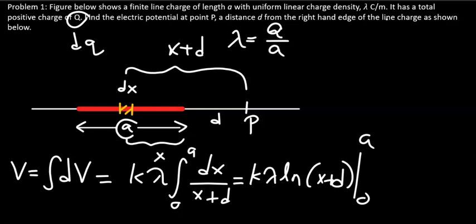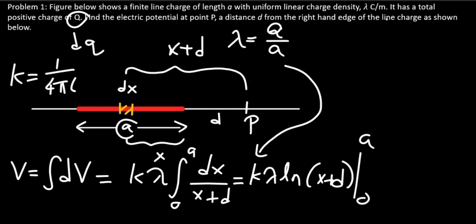Now substituting all this information in here and realizing that k is 1 over 4 pi epsilon naught, where epsilon naught is the permittivity of vacuum, as we have explained in one of our previous videos, we will get the following for the complete expression for the potential at point P.